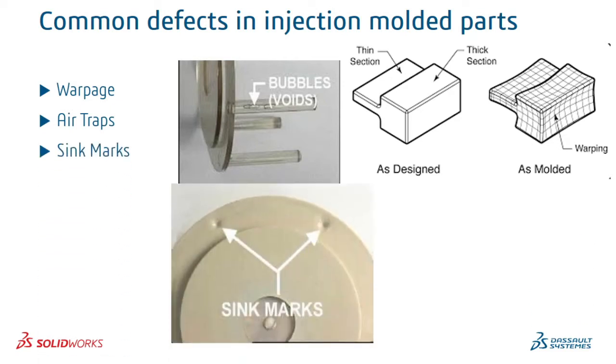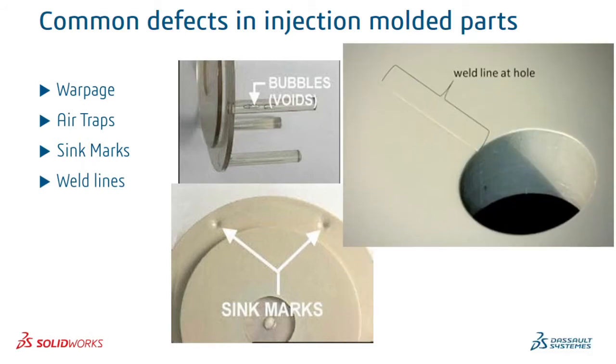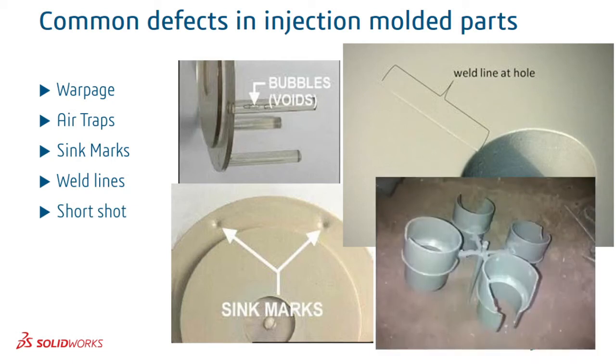There may be a few sink marks, weld lines, correct? So these are a few common defects which we need to overcome or eradicate when we create our plastic parts. Shorts, where the part will not get completely filled into the cavity, correct? And so on. So these are a few defects in injection molded parts that might occur.